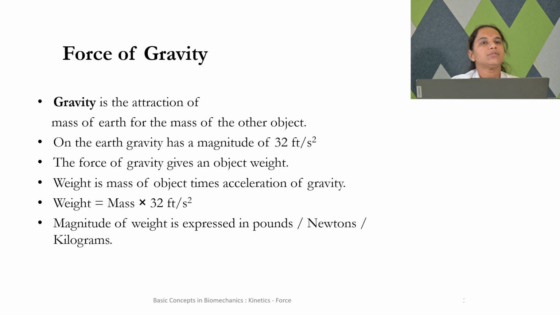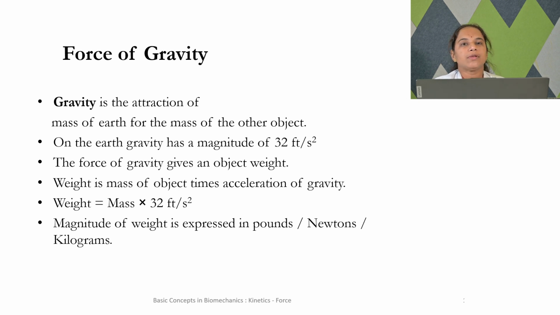Now coming to the concept of force of gravity. So first of all, see what is gravity. Gravity is the attraction of mass of earth for the mass of other object. On the earth, it has got magnitude of 32 feet per second square.